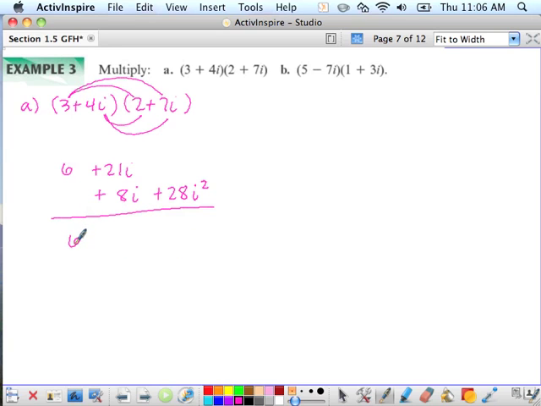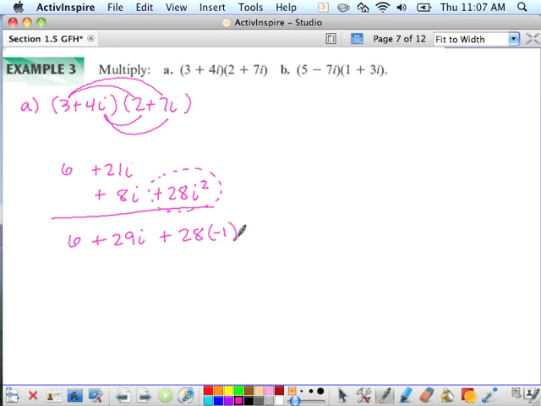We have the 6 plus 29i, and then this guy right here, the 28i squared. What does that become? Negative 28. The i squared becomes negative 1, so really it's plus 28 times negative 1.